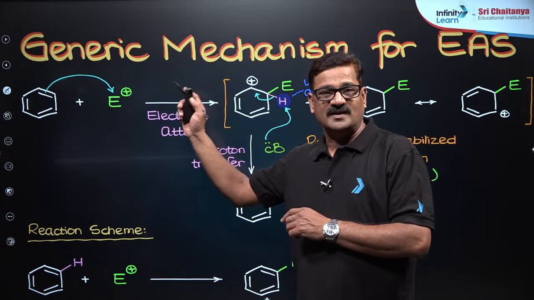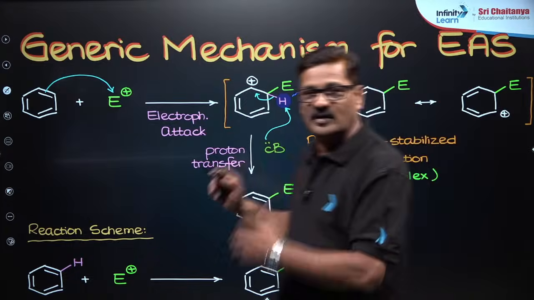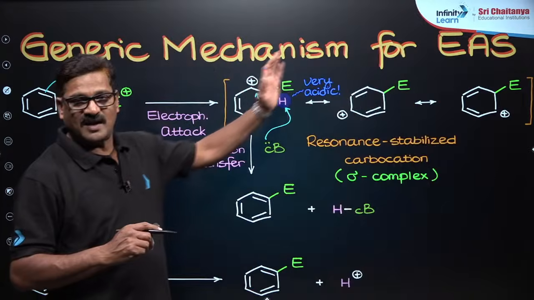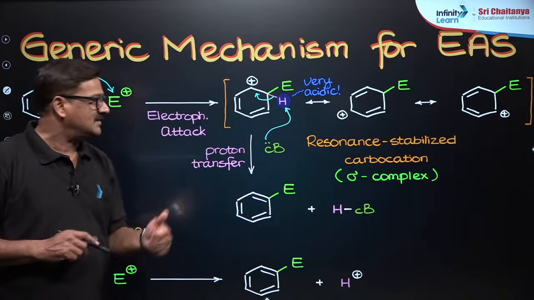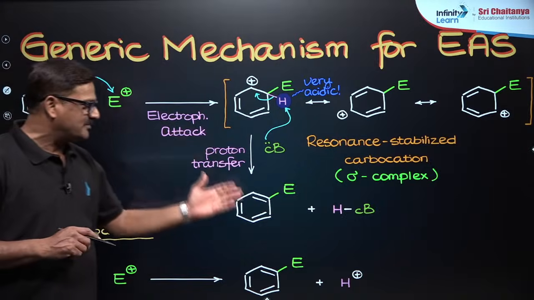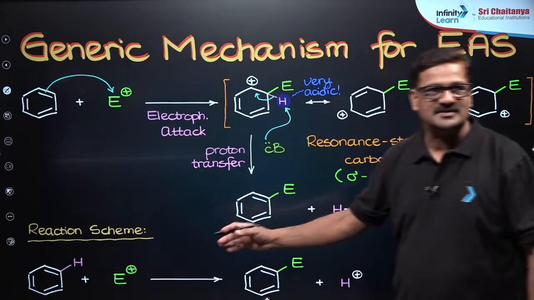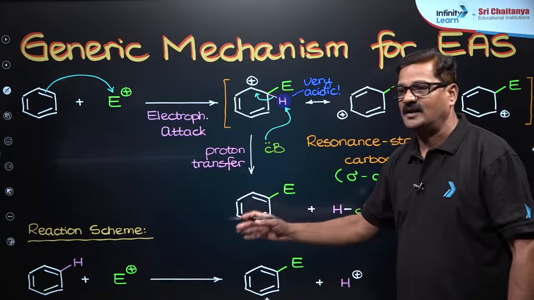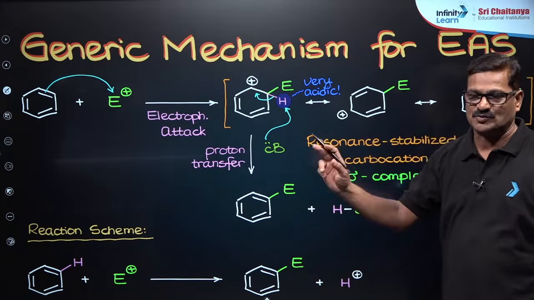So the electrophile is going to be attacked by the pi bond to make a sigma bond which is resonance stabilized, so it is called a sigma complex. And this sigma complex is going to be deprotonated, and one hydrogen of the benzene is replaced by an electrophile, so this is an electrophilic aromatic substitution reaction.